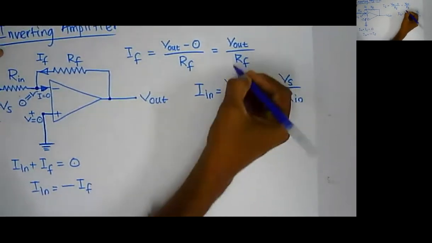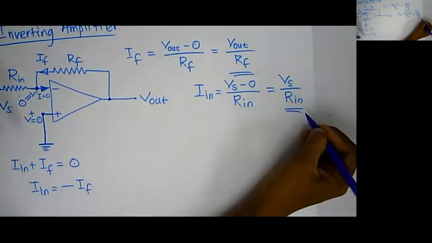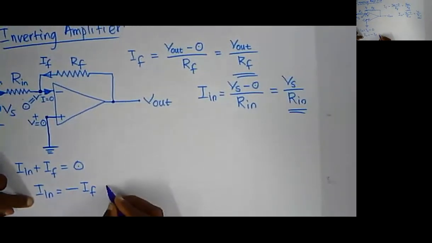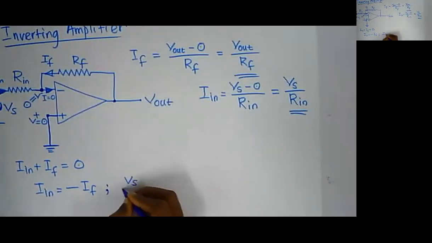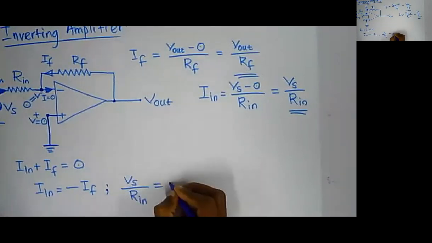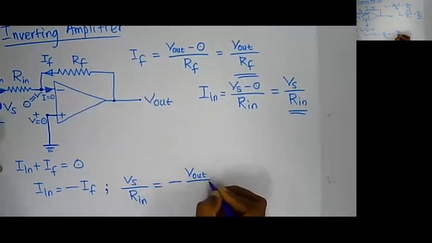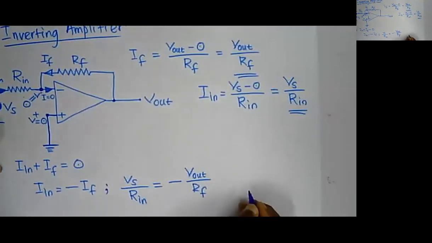Now substitute this one and this one in this equation. I in, which is Vs by R in, is equal to minus V out by Rf.